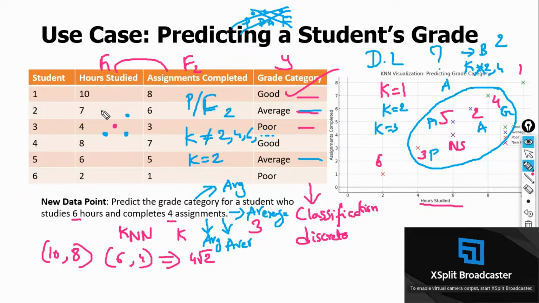Now tell me, out of these 4, 2 are pass and 2 are fail. So what class should I give this new student? Should I give pass or fail? Data ambiguity case. So that is the reason we avoid the multiples of the number of classes for the values of k.